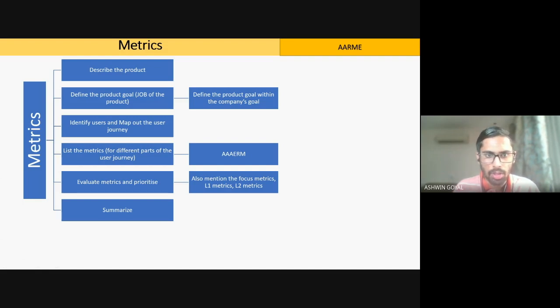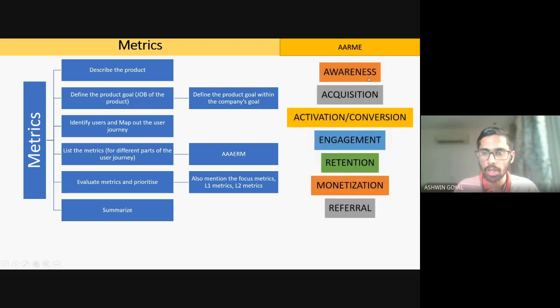Here I would want to point out that after you've mentioned the user journey, you can either prioritize one metric out of all the metrics that we had discussed, these ones. You can either prioritize one of them, or you can ask the interviewer, is there any particular metric you want me to focus on, or should I list down the metrics for each of these categories? So these are categories basically, right?